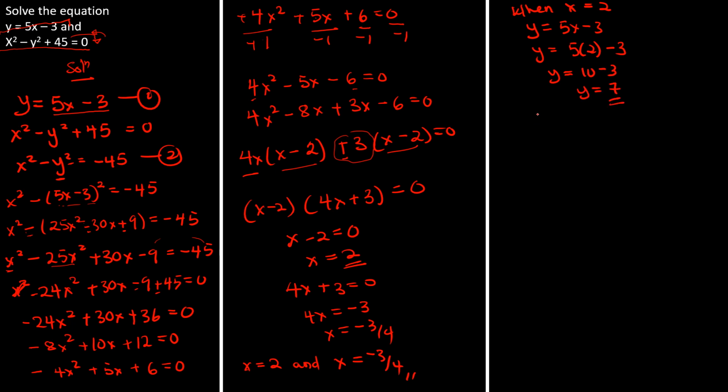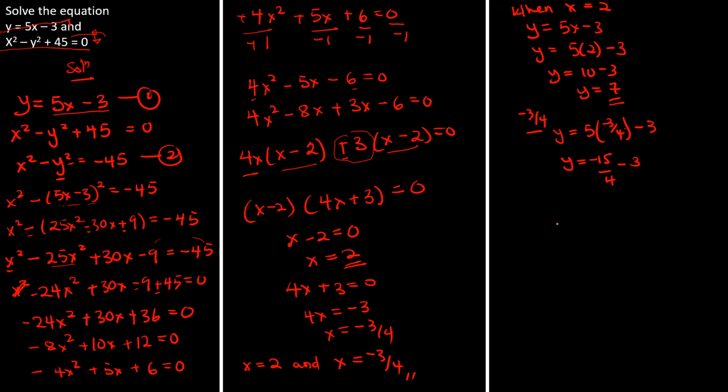Okay. Then when x is equal to negative 3 all on 4, so that's y is equal to 5 times negative 3 all on 4, right? Minus 3, right? So y is equal to this will give me negative 15 all on 4 minus 3, right?